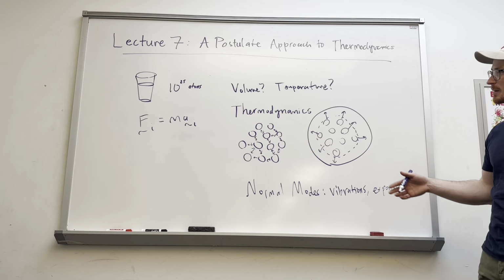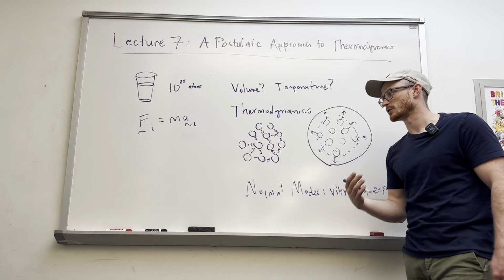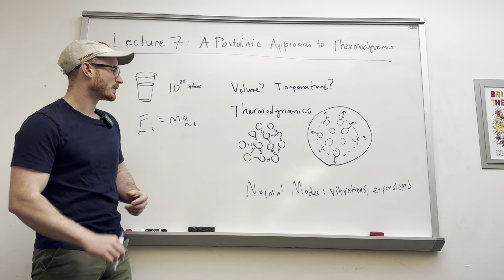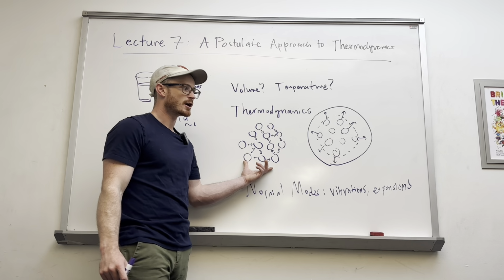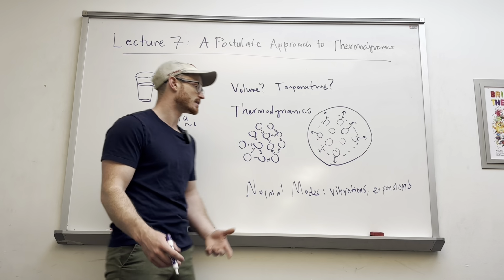And thermodynamics as a field is concerned with normal modes that we could observe at a macroscopic level. So at a macroscopic level, we can never see the vibrations, but we can see things like expansions or changes in volume and density, right?